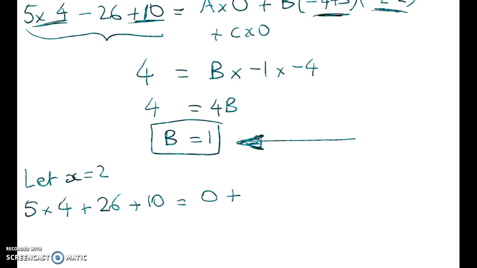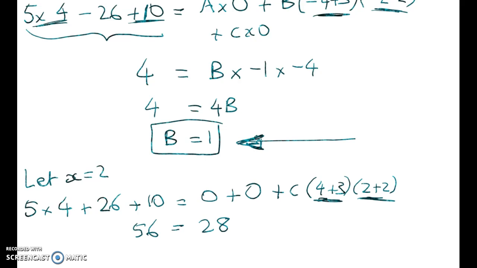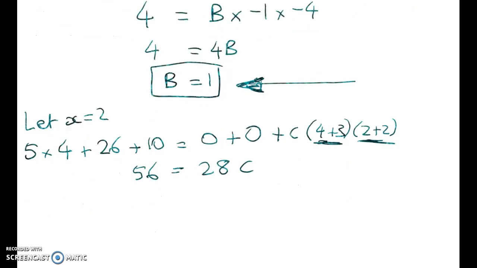So 0 plus 0 plus c times 4 plus 3 times 2 plus 2. So that's 2x plus 3 in there. And that gives me 56 is equal to 7 times 4, which is 28, so 28c, giving me a nice simple number: c is equal to 2.